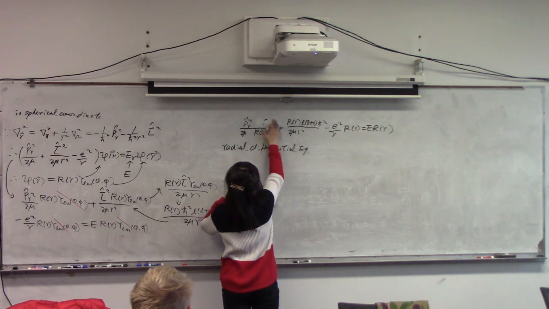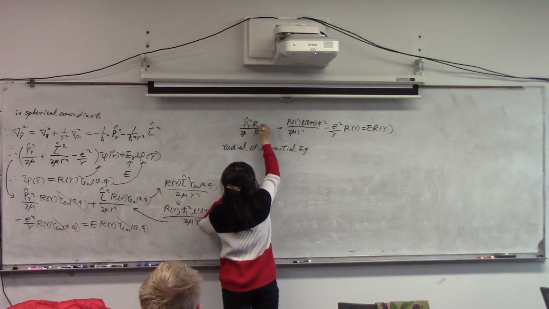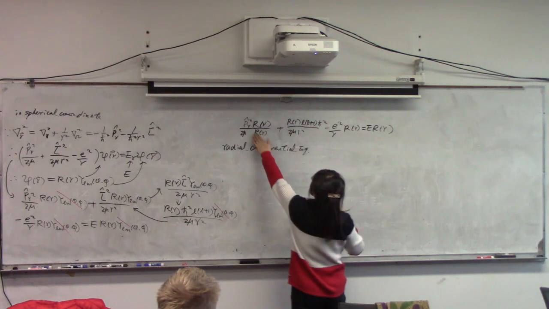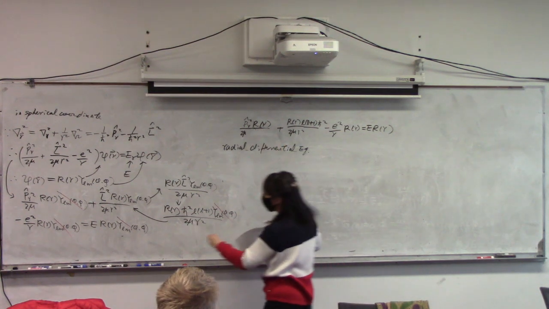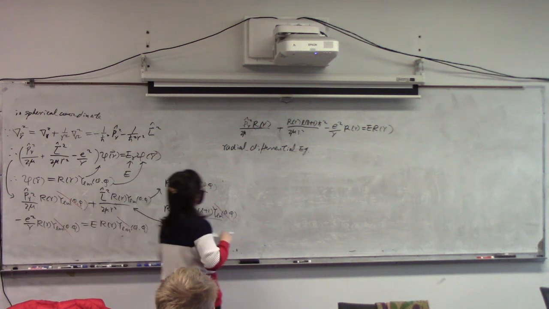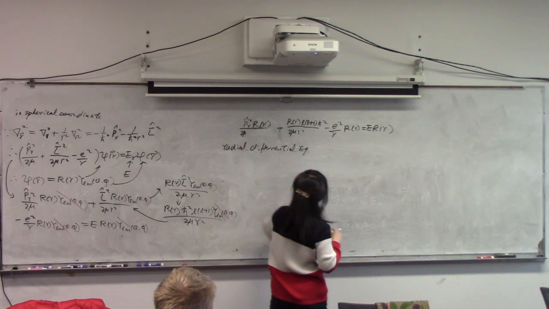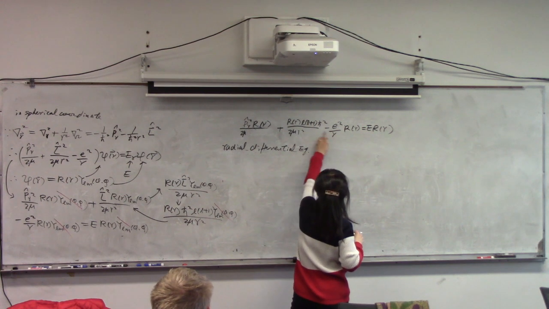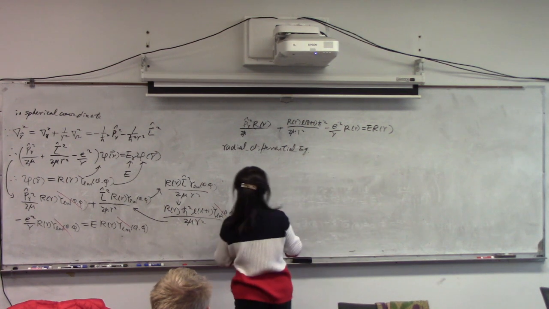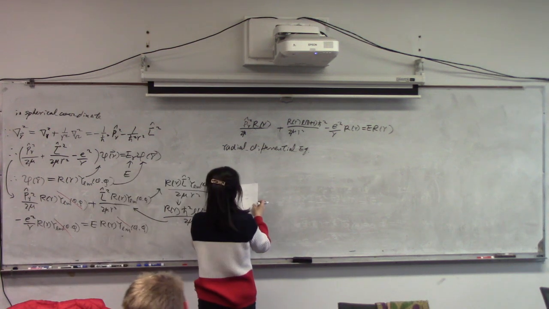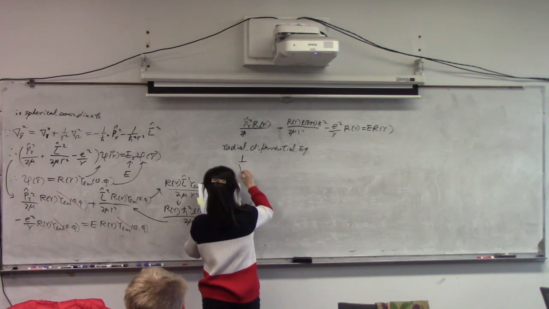The numerator is fine, I think. The denominator, yes, because I already multiplied here, right? Okay, and then that's all, right? Okay, thank you. So finally, we have this one.